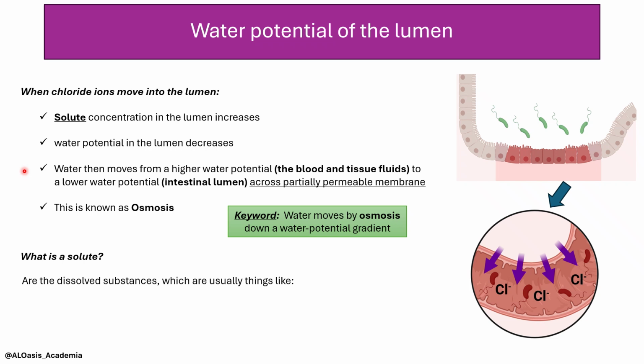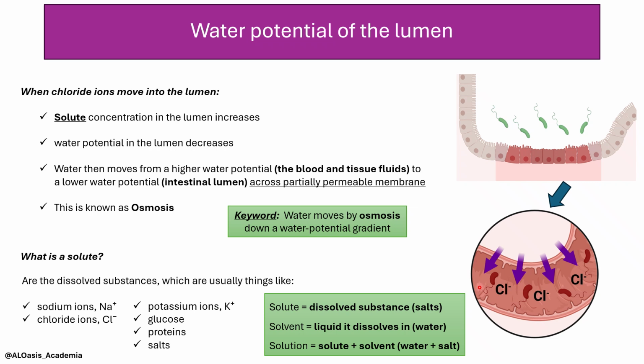In the case of cholera, they could be things like sodium, chloride, potassium, glucose, protein, and other salts. All these are solutes, and if these solutes increase in concentration in the lumen, this will make the water potential in the lumen decrease, and then this will induce water movement down the water potential gradient.